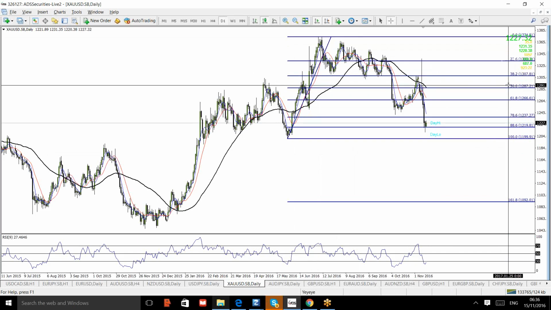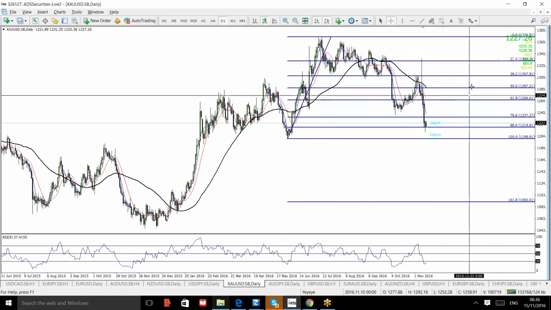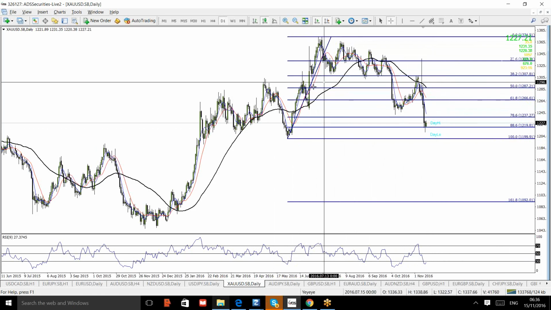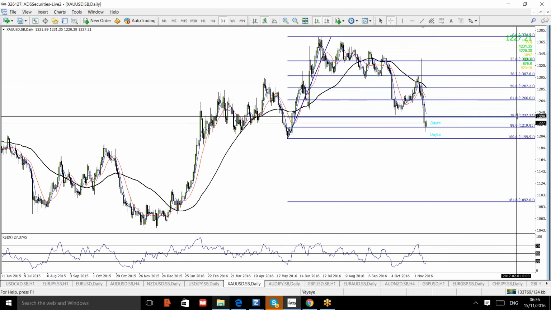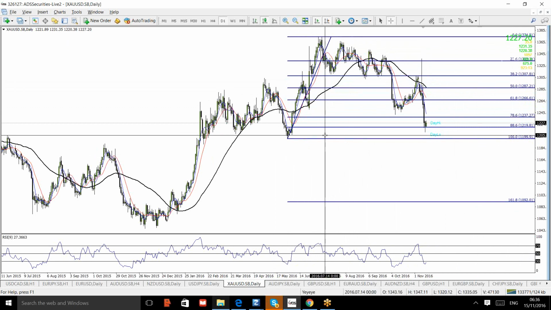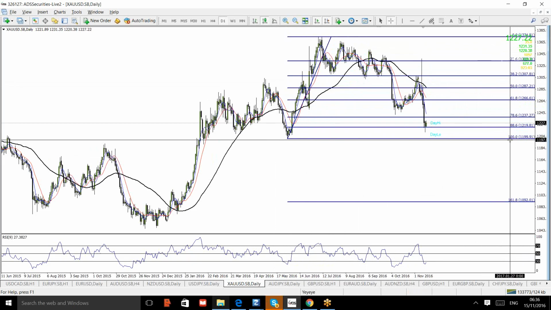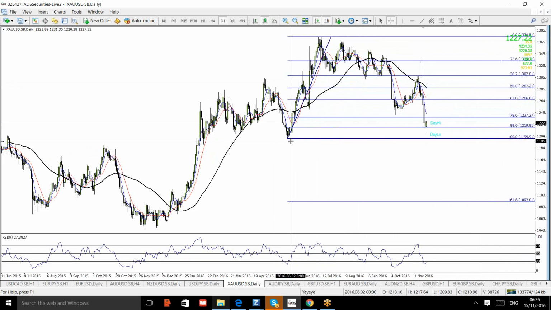So what does 50% mean? 50% of this leg, the price retraced, came back. This is the 50% level, half the journey. This is 78.6% of this leg. This is 100%, which means the full, complete journey of the previous leg. Can you see this? 100% is where the leg begins, right?